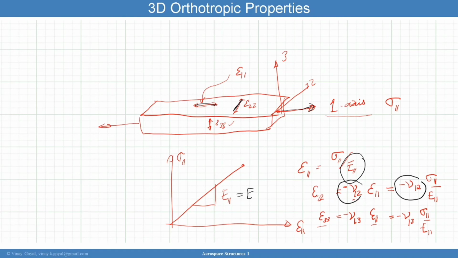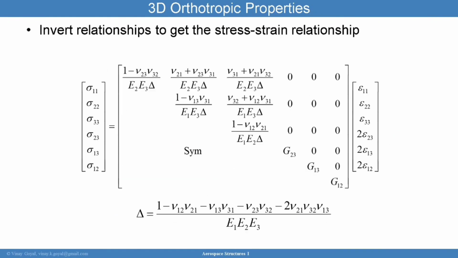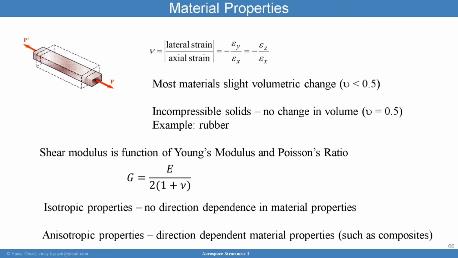I'll get nu because I'll know epsilon 1 and I'll measure epsilon 2. So I can get nu, and if I know E and nu, I can get the shear modulus. And so then when I do a torsional test, I better get a comparison that matches. This must hold basically.